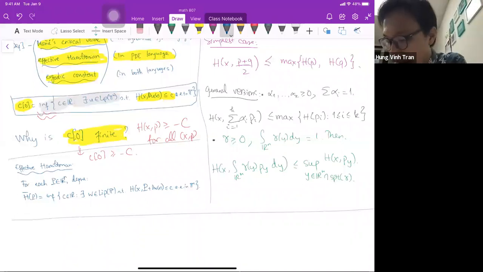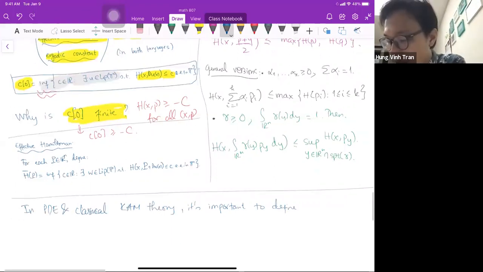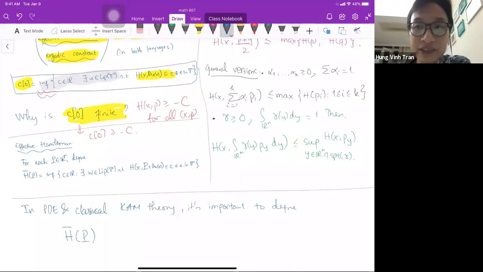And also actually in classical KAM theory, I should be clear. So in PDE and classical KAM, so Kolmogorov Arnold Moser theory, it's important to define H bar of p at any fixed vector p, right?